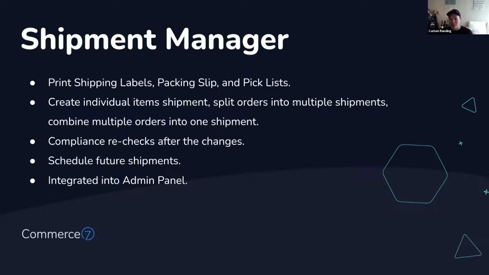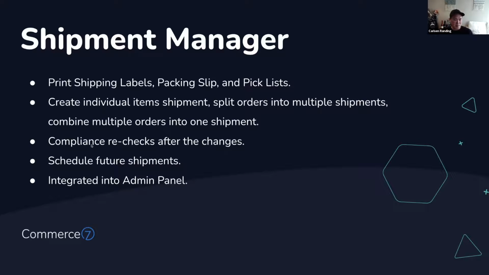So in your winery operations, you can likely think of some scenarios where these functionalities would come in handy, where you need to take a large order of 24 bottles and split it apart into different shipments, and have control on how the packages are split apart, and vice versa, the ability to combine multiple orders into one shipment. Perhaps a club member made a web order very close to their club shipment. That could be a scenario where this tool comes in handy.